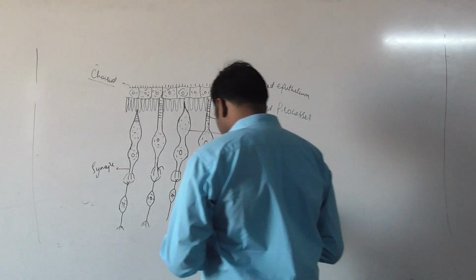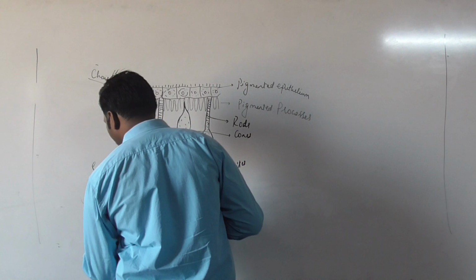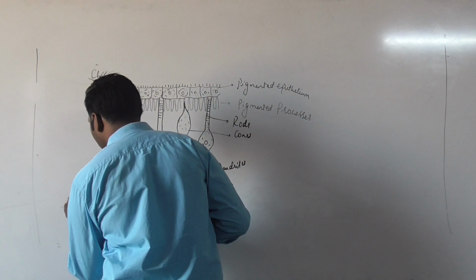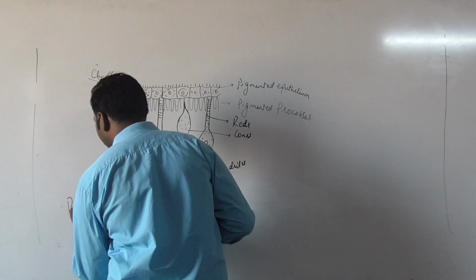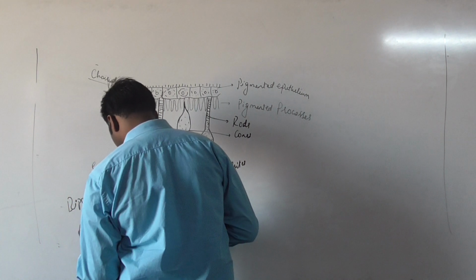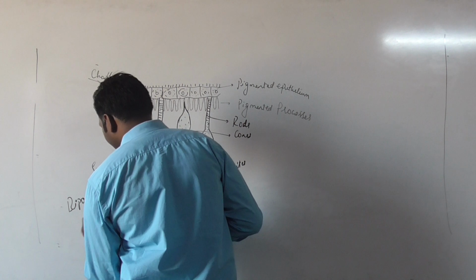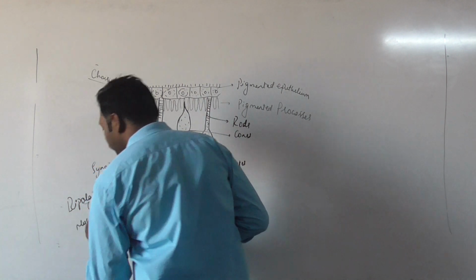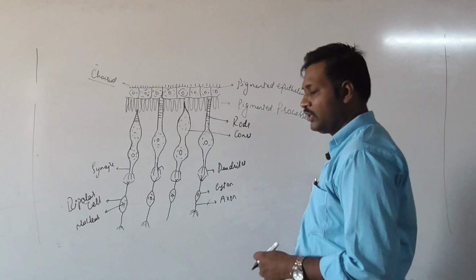Now these cells are called bipolar cells. Centrally it has the nucleus.